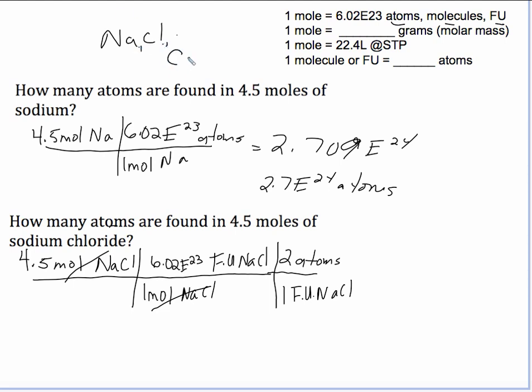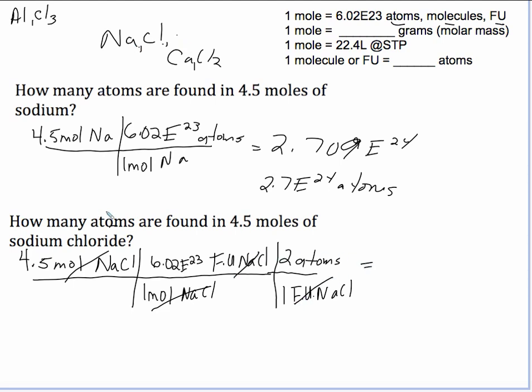If it was calcium chloride, we'd have 1 plus 2, which is 3 atoms. If it was aluminum chloride, we'd have 1 plus 3, which is 4 atoms. But in this case, we have 1 plus 1, which is 2.